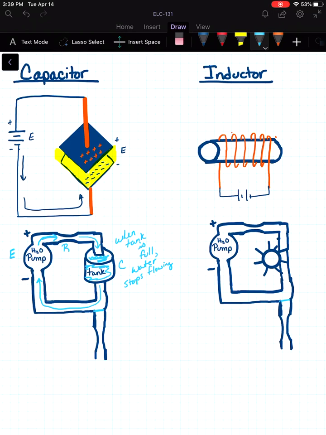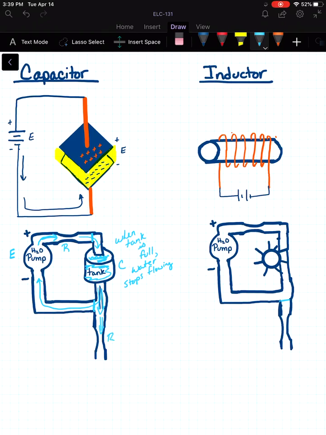Now, let's say we block off the source, or we turn off the source. I'm going to block it here. And then we open up, so to speak, a second pathway for that water. What will happen is that water will then flow through the new path.